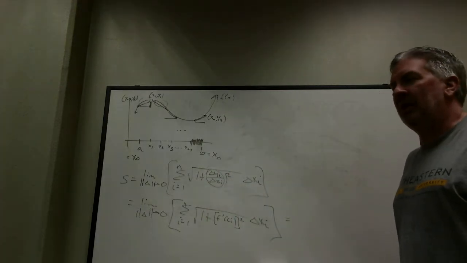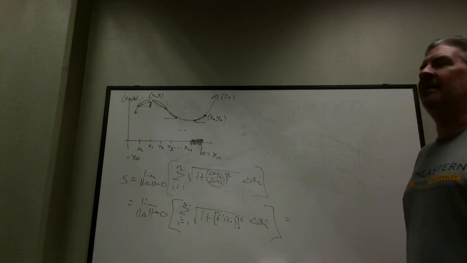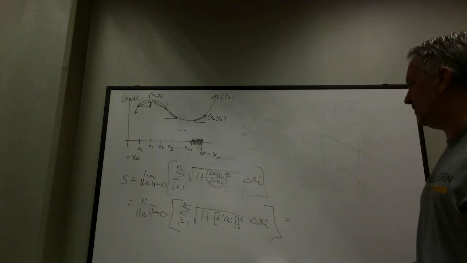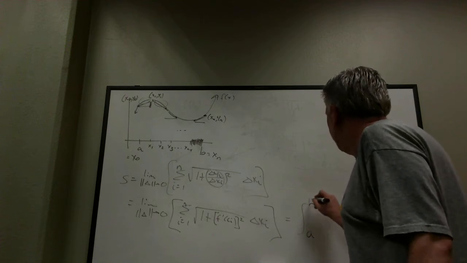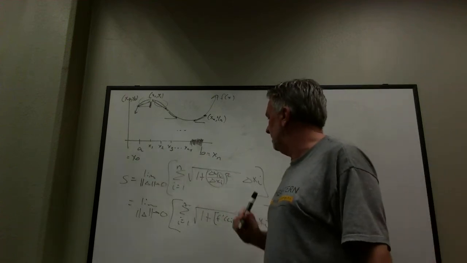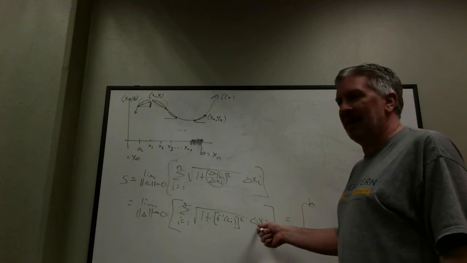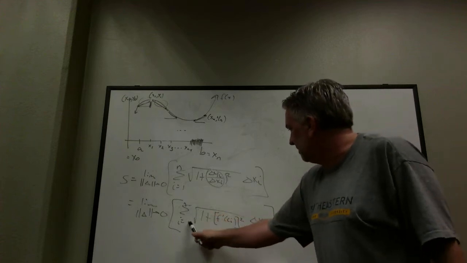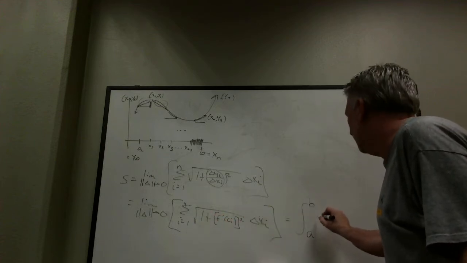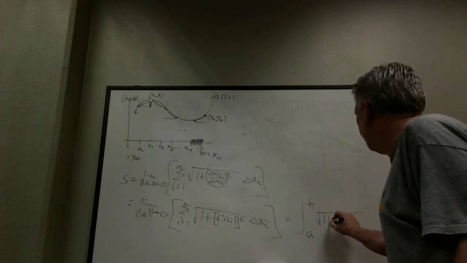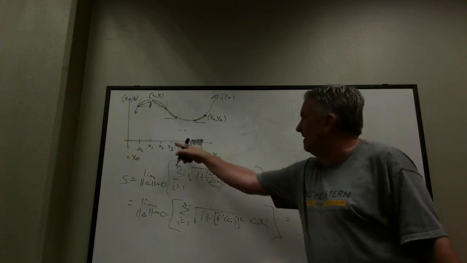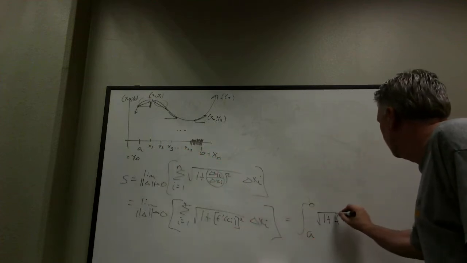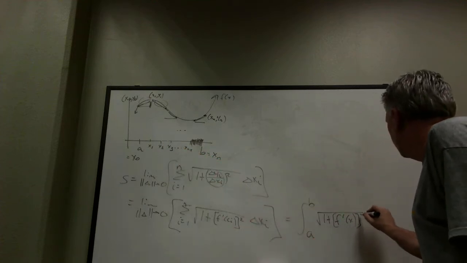The limit of a Riemann sum is a definite integral. So this just turns into a definite integral. So we integrate from a to b, right? Remember, the delta xi becomes your dx, and then you're just left with the square root of 1 plus f prime of x, squared. Remember that each of the ci turns into x.